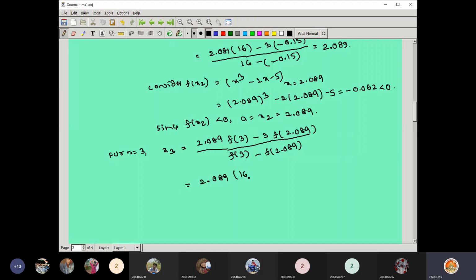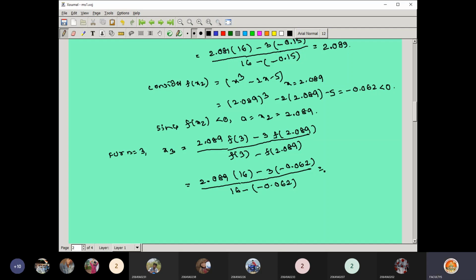f of 3, there b has not changed, same as before, 16, minus 3 into f of 2.089. Just now we calculated it is minus 0.062. So total it is divided by 16 minus 0.062.